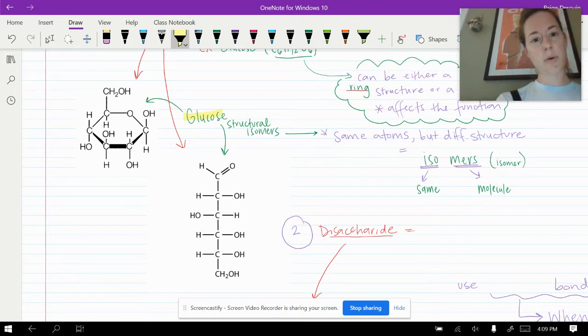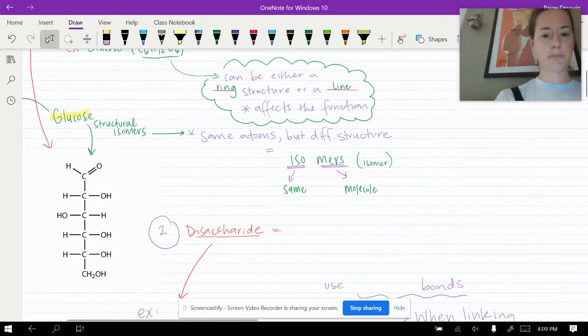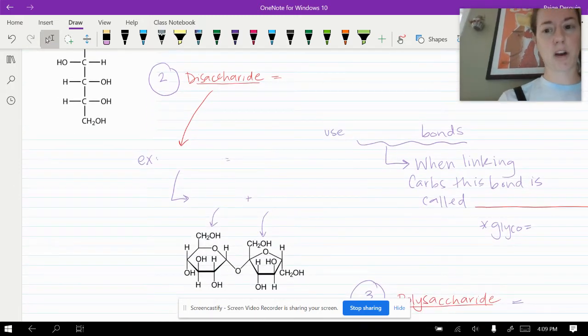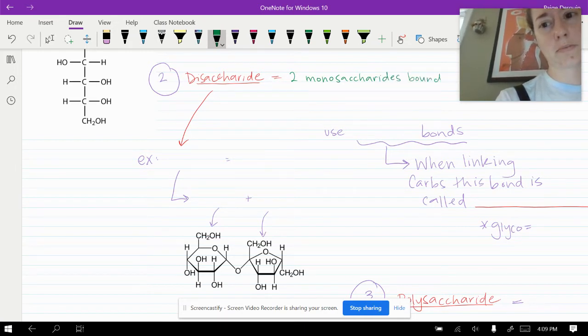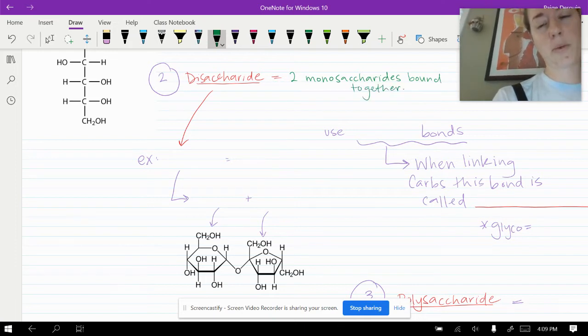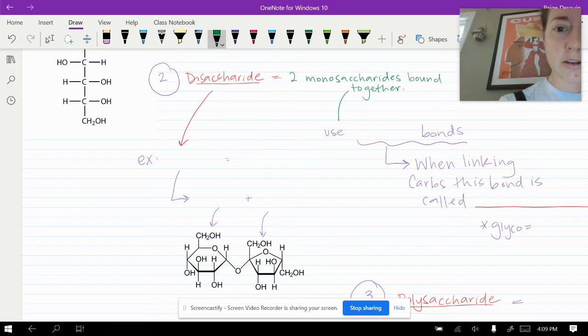All right, so now we're going to start to use our monosaccharides to build larger carbohydrates. The second type of carbs that we're going to talk about is a disaccharide, which is 2 monosaccharides bound together. When you make a disaccharide, you're going to use covalent bonds.